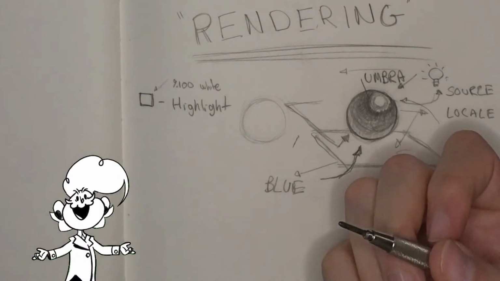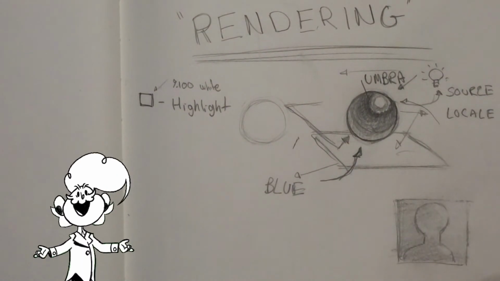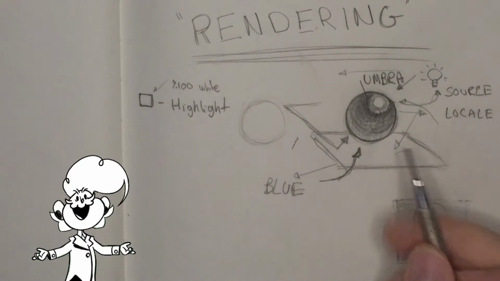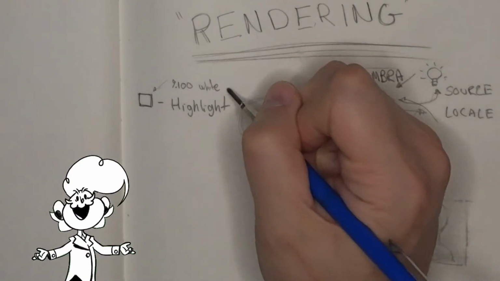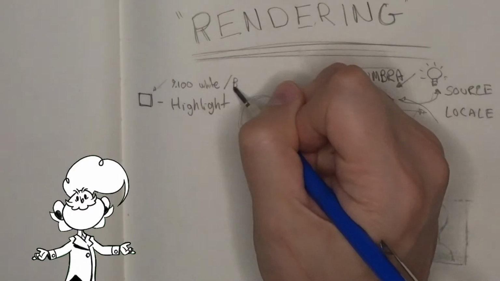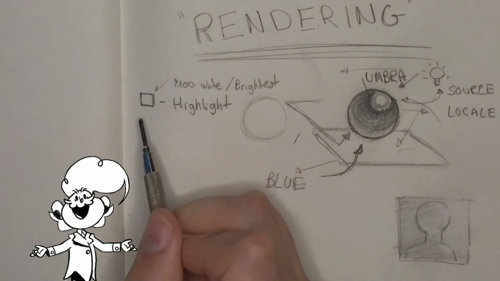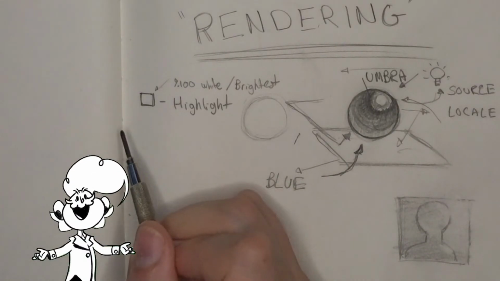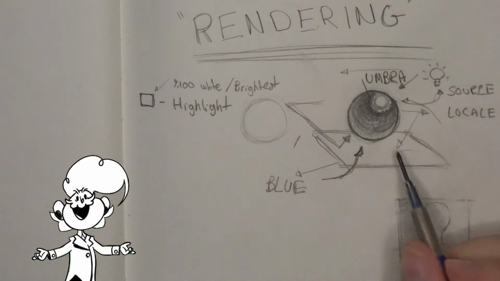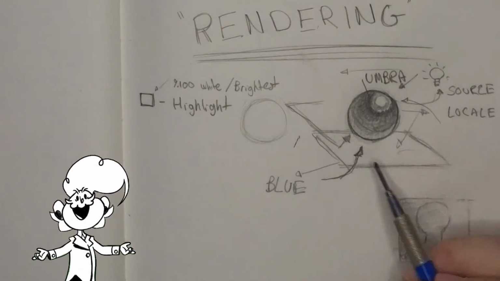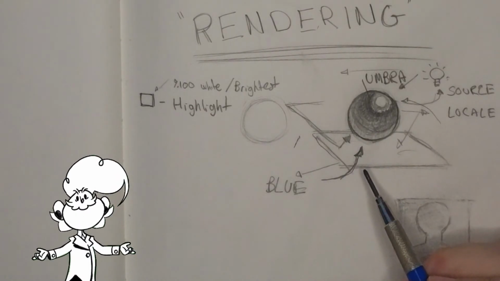It depends, honestly. Nothing is so one note like this in art, but it's the brightest for sure. It'll be a near white, very close to white, but it depends on the material itself that you're trying to describe.